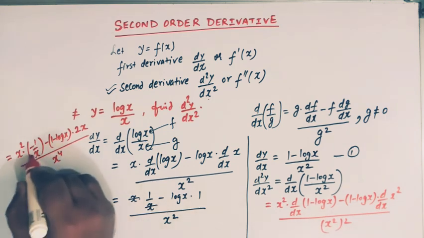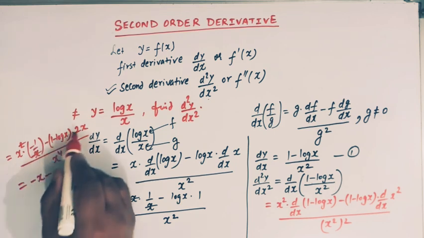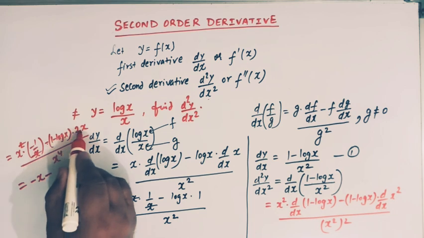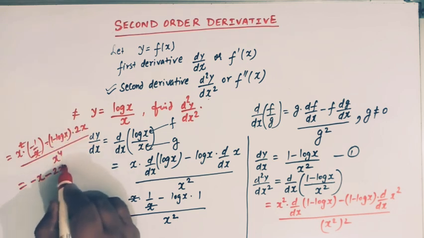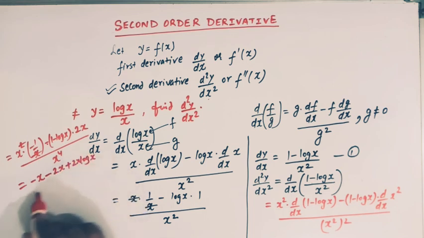Okay, so now here x and x get cancelled, so we are left with minus x, then we have minus 2x plus 2x log x, divided by x raised to 4.